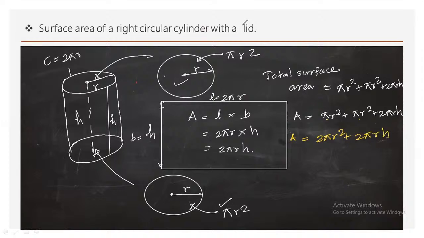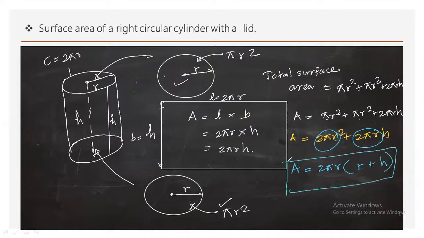Now look here, 2 pi r is common, so take it out. Area equals 2 pi r, then one r is remaining, plus h. This is the total surface area of a cylinder with a lid: area equals 2 pi r (r plus h).